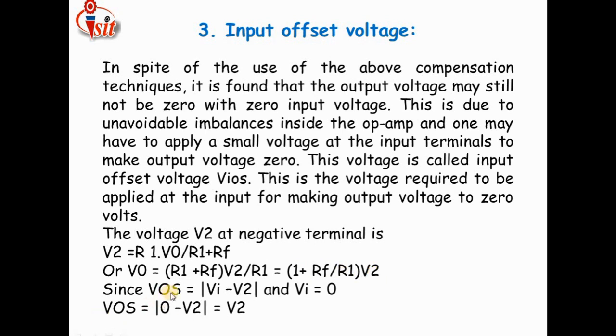Since VOS, that is the output voltage, is the combination of input voltage minus V2, and VI is equal to 0, the value that comes here is negative V2, but a modulus sign is used here. What that mod sign indicates is that under the mod, any value, positive or negative, simplifies to only a positive value. For that purpose the mod is used here.